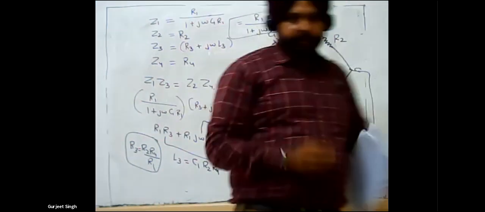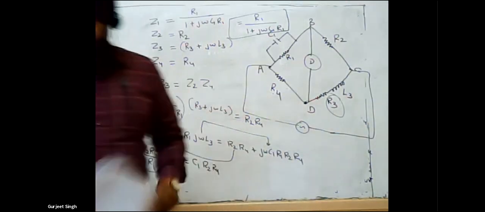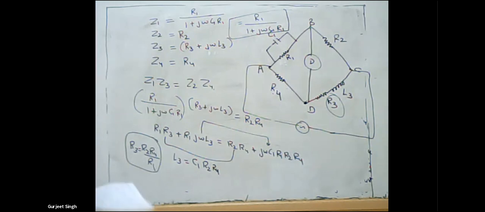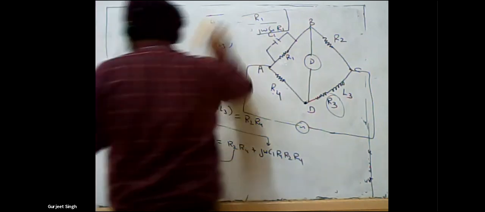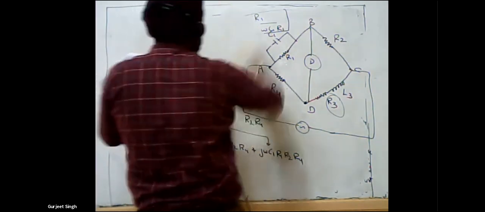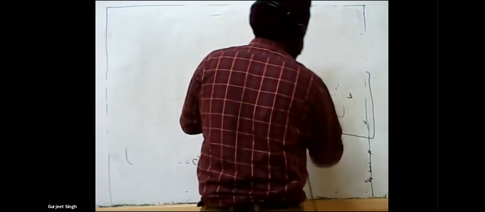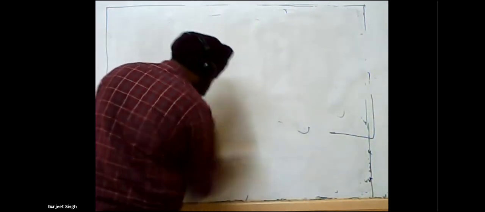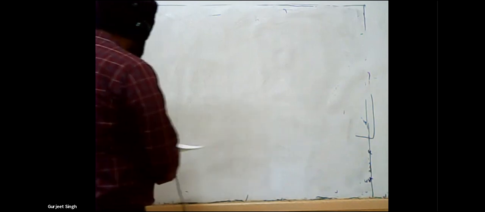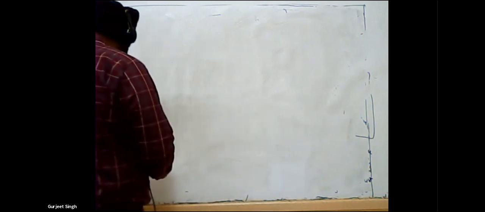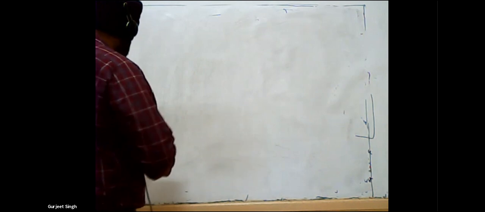Okay, beta. Next, I will explain the Anderson bridge, which is also an AC bridge. This bridge is used to find the value of inductance also.